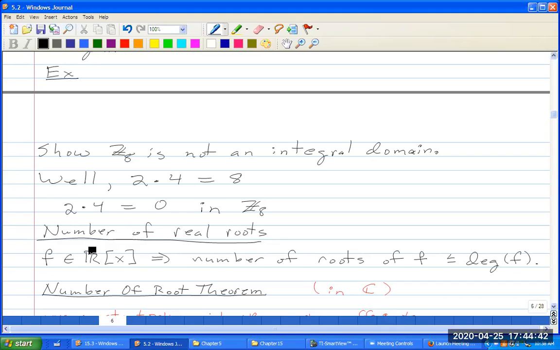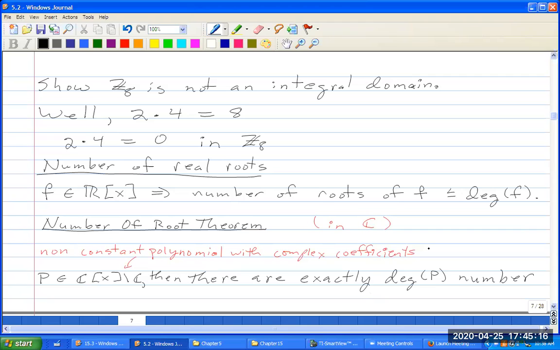If f is a polynomial with real coefficients, then the number of roots of f is less than or equal to the degree of f. Many times it's strictly less than. I don't know how many roots there are, but at least I know the maximum possible number of real roots is the degree of the polynomial.